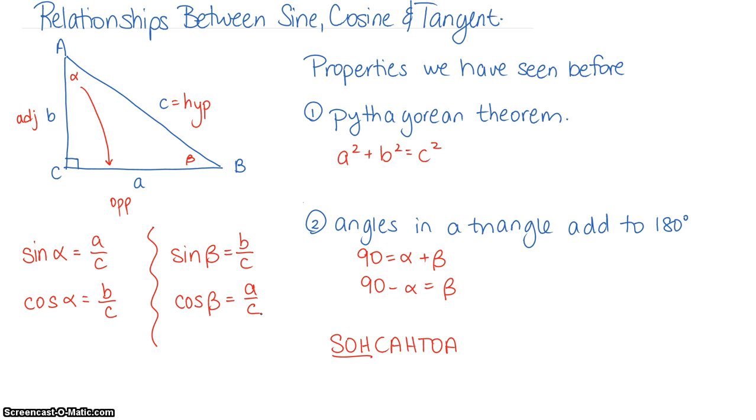So we can actually see that these two things are the same, and that these two things are the same. They have the same ratios. So because they have the same ratios, we can say that sine of one acute angle equals the cosine of the other angle.